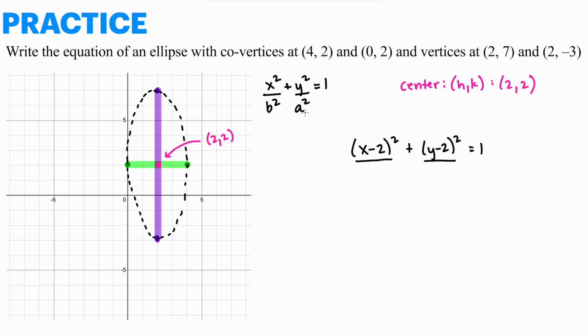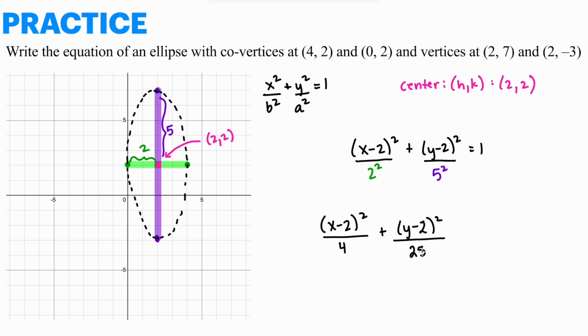Now, we know that A needs to go under the y. So the distance from the vertex to the center from 2 to 7 is 5. And I know that my distance from the co-vertex to my center is 2. And then you square it. So therefore, our final answer is going to be x minus 2 squared over 4 plus y minus 2 squared over 25 equals 1.